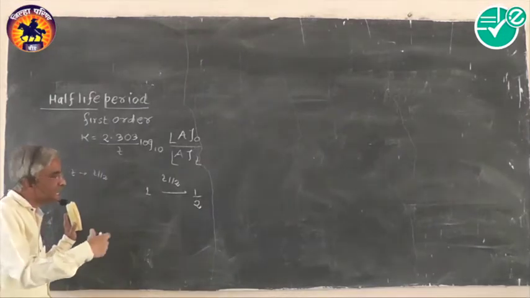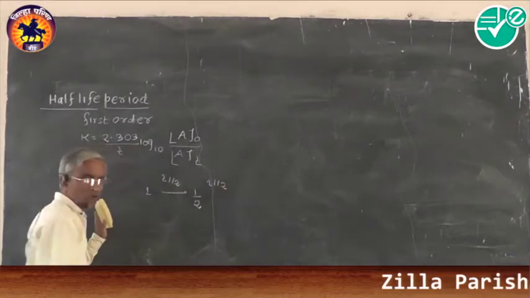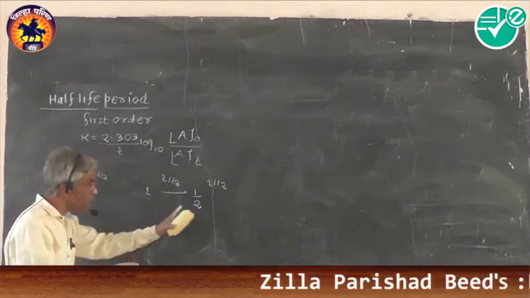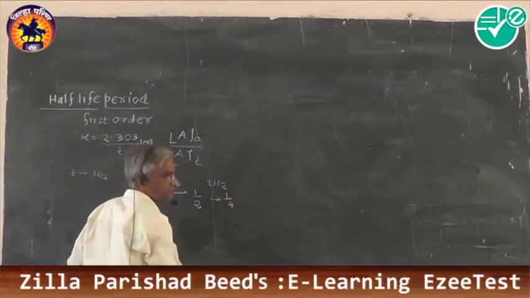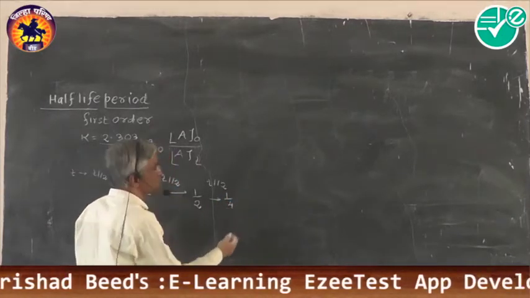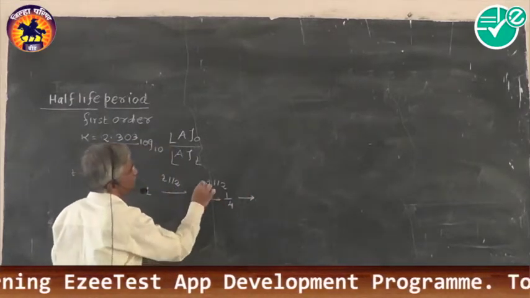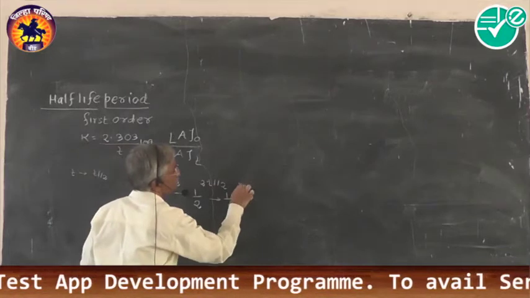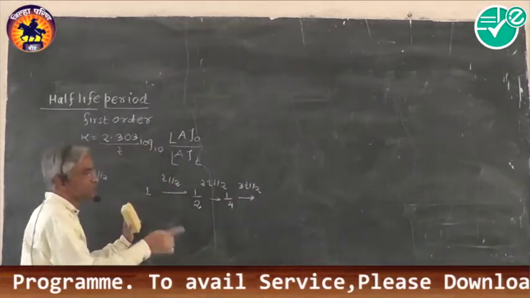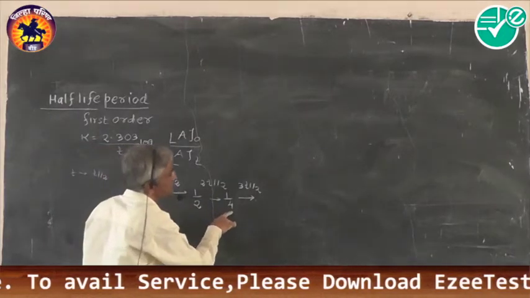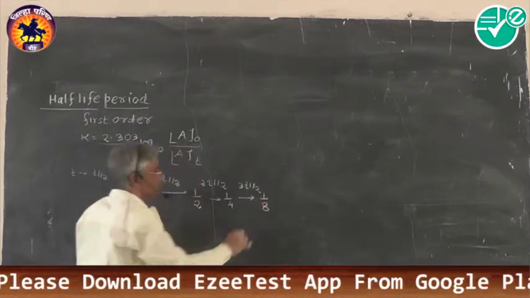Now for the next t 1/2, the concentration will become half of this amount and it will be 1/4. This is the second t 1/2. For the third t 1/2, the concentration will be reduced to 1/2 of this, considering this as an initial, it will remain 1/8.